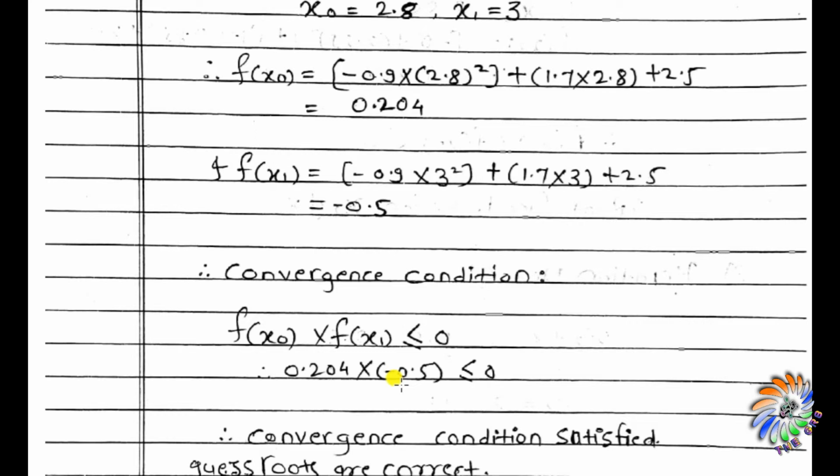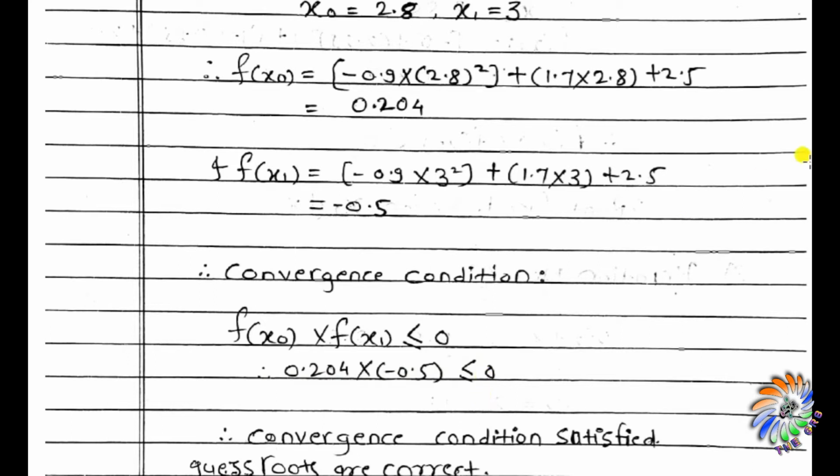Whatever the quantity of the product may be, we are not to deal with that. We are just to deal with the sign of the value. The sign of this product will be negative and it will be less than 0.